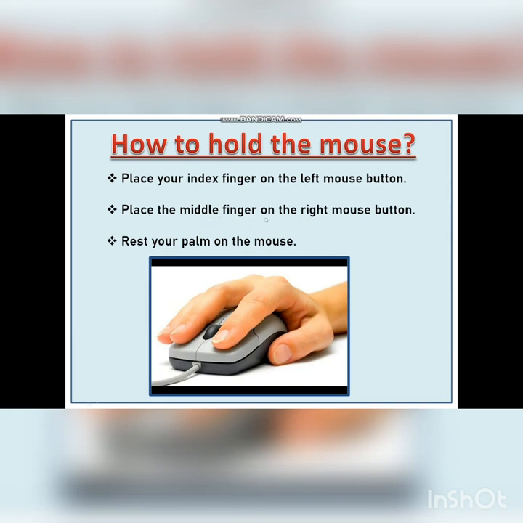Place the middle finger on the right mouse button. In order to use the right mouse button, we will put the middle finger of our hand on the right mouse button. Rest your palm on the mouse. How to hold the grip of the mouse? We will place our palm on it.